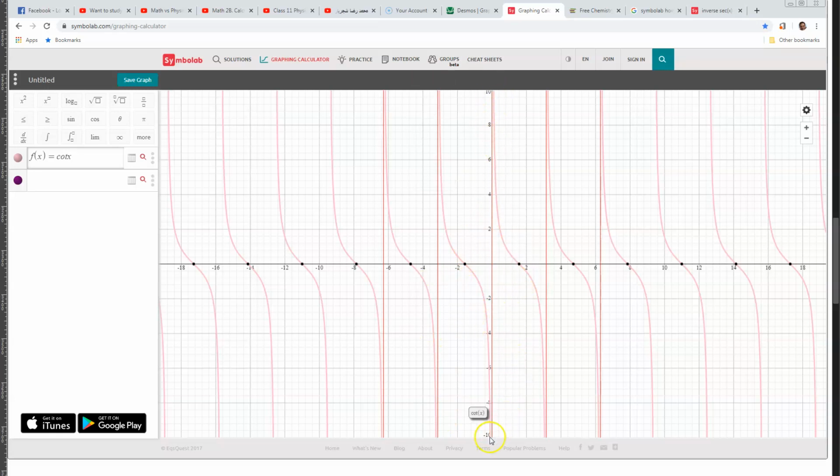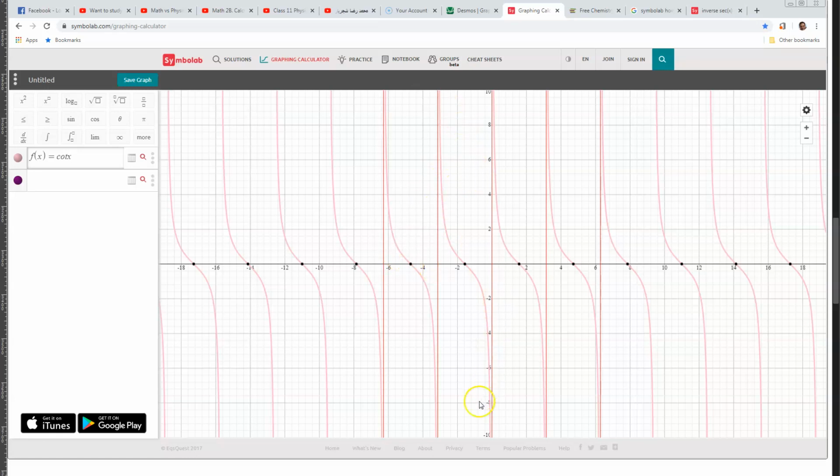Again, in this next period, it goes from negative infinity, goes to 0, goes to positive infinity, which means that it is an increasing function. The cot function is a decreasing function, meaning that from the very beginning of the period, it starts from positive infinity, goes gradually to 0, not gradually, of course, very fast to 0, and then it goes to negative infinity, very, very fast.